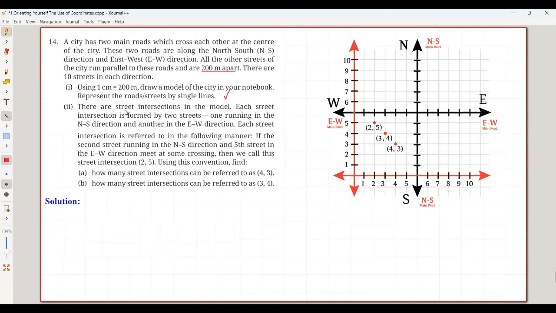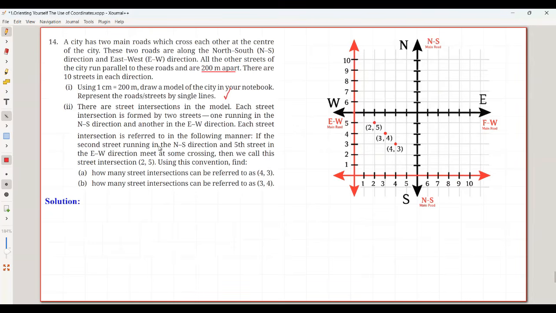Now there are street intersections in the model. Each street intersection is formed by two streets, one running in the north-south direction and another in the east-west direction. Each street intersection is referred to in the following manner.